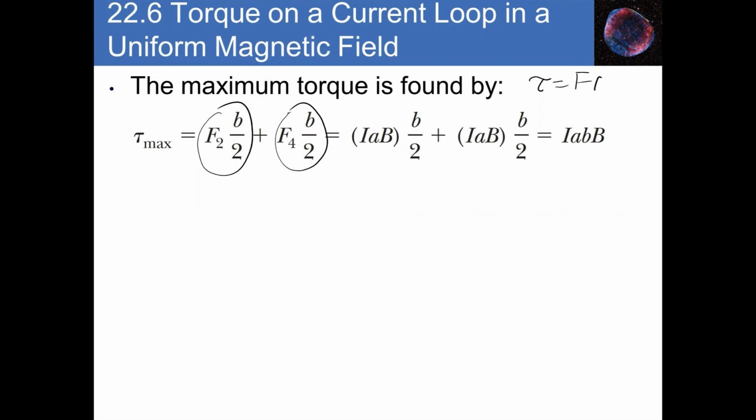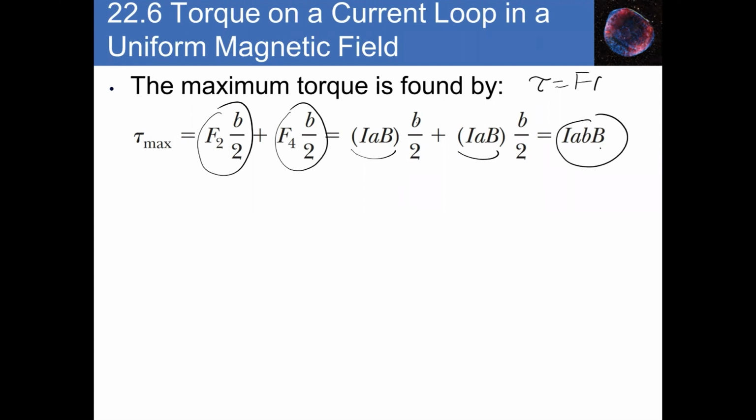We have AIB as the force, times b/2, plus another force times b/2, which gives current times AB times the magnetic field. Why are we adding them together? Even though one is up and the other is down, when considering torque they both give the same rotation, both clockwise. So taking clockwise as positive, we add them together.